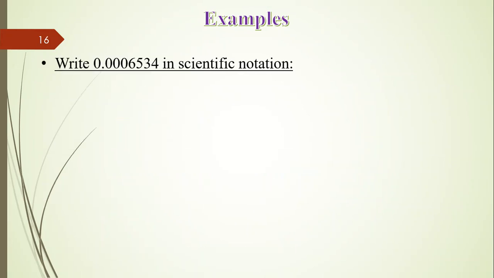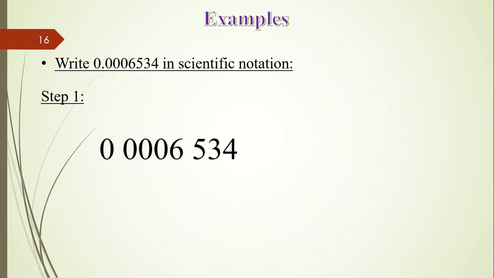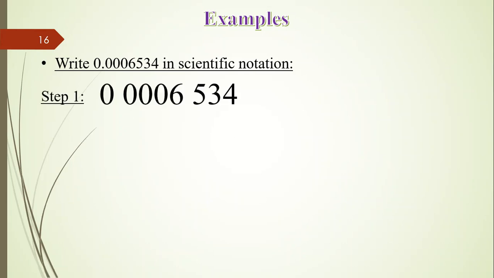Another example. If we have 0.000654, here the 0 is beside a 0, okay? And we know that if we want to write in scientific notation, we should put a decimal point beside a non-zero integer.